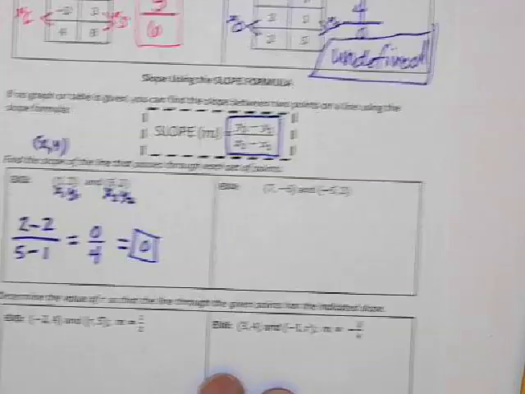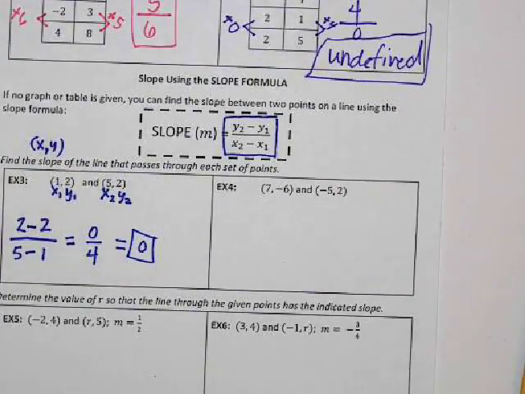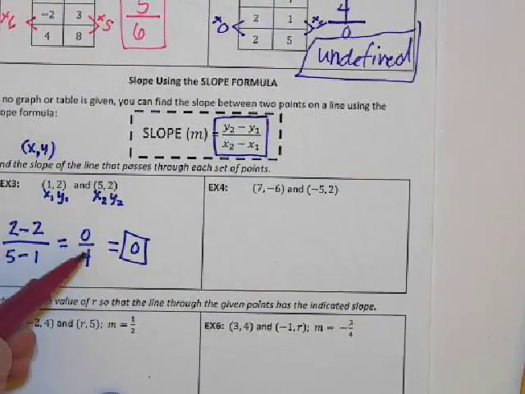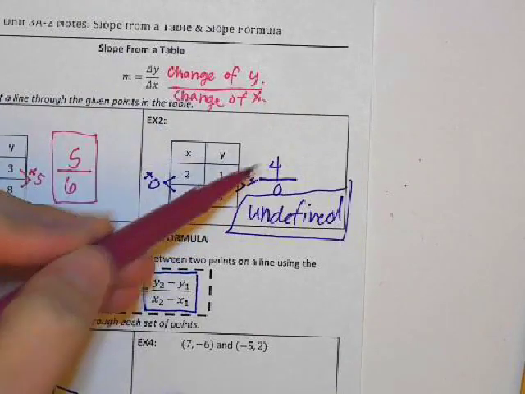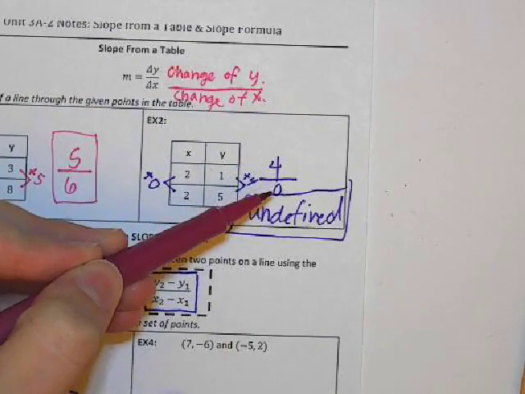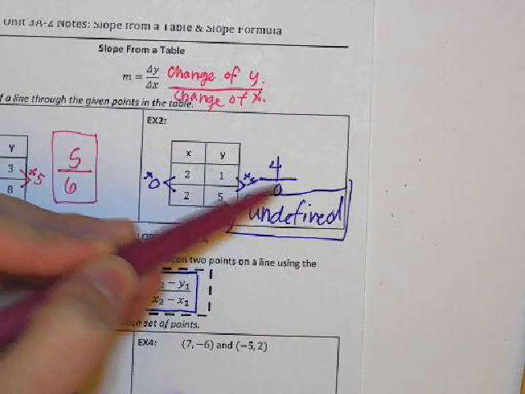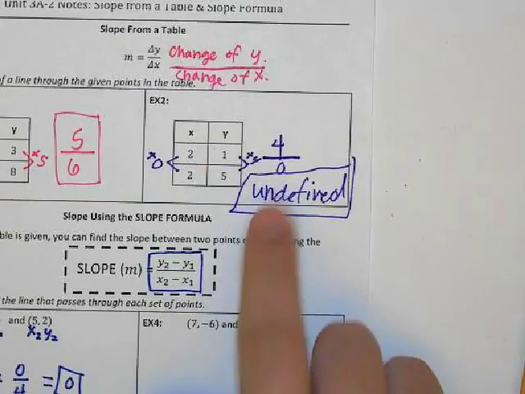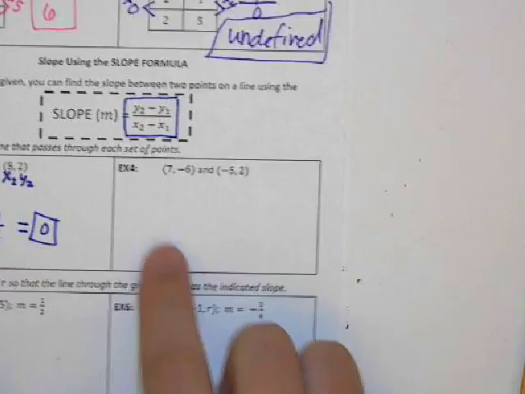So basically, if the 0 is on the bottom of the fraction, it's going to be undefined, and if the 0 is at the top, it's going to be 0. Because I have 0 out of 4 things. This one, I can't have 4 things out of nothing. So you can never have 0 on the bottom of a fraction, so that's undefined.